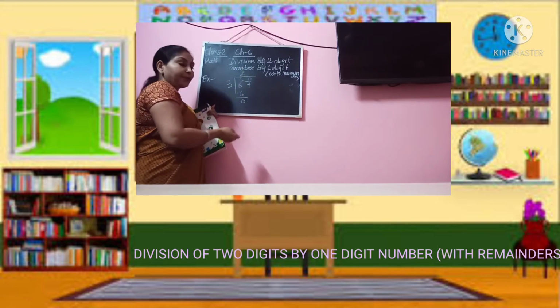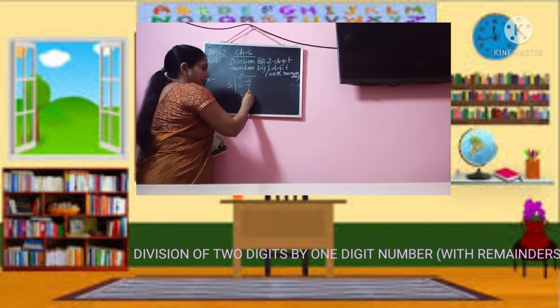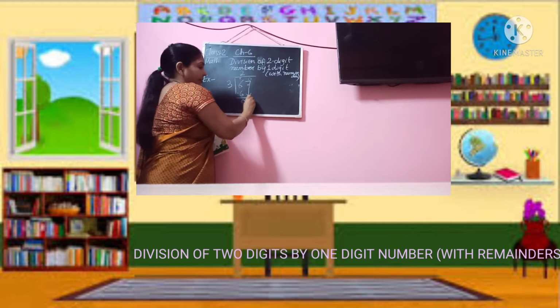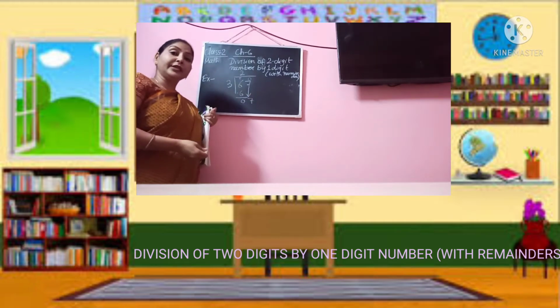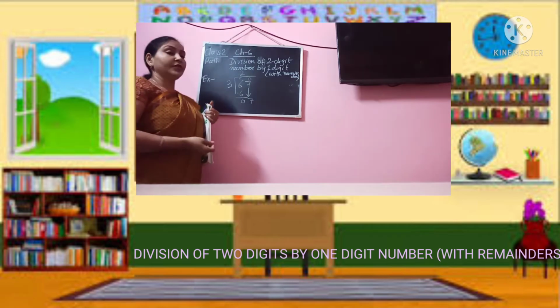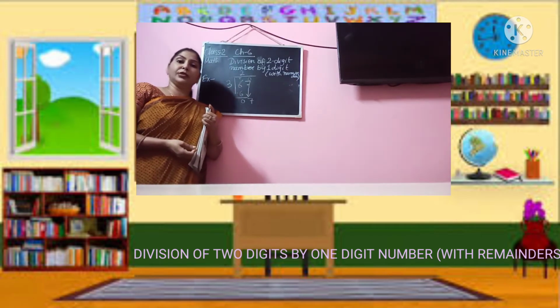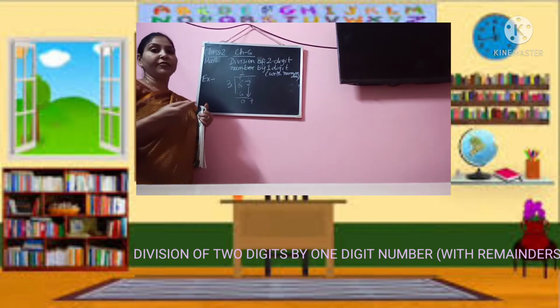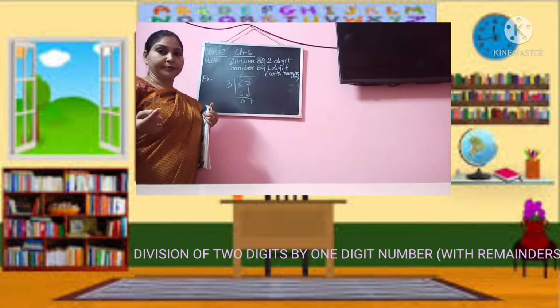Now what to do? Now we will just copy the next digit, that is 7. Now in 3's table do we get 7? 3 1s are 3, 3 2s are 6, 3 3s are 9 and 3 4s are 12. So 9 and 12 both are bigger numbers.